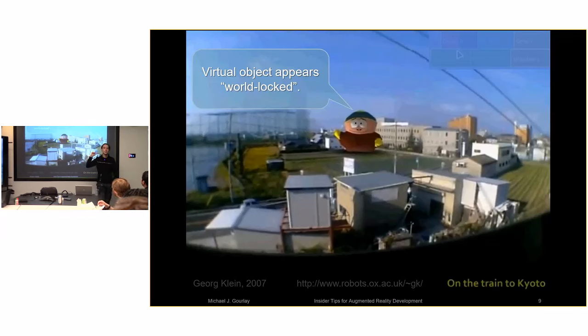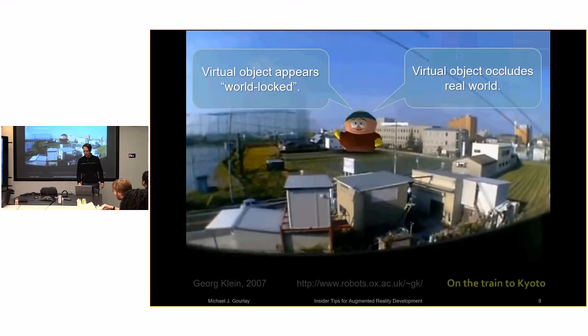In that video that I was just showing you, even though the camera was moving around, the character was moving around in screen space in such a way that it makes it consistent with it being an actual object in the real scene. So that's what I mean when I say world-locked, is basically it looks like it's stuck to the world. Another aspect is that he is occluding the stuff behind him. And later on, I'll be talking about the sort of converse of that, is that the other objects can occlude real objects. That's an important aspect.